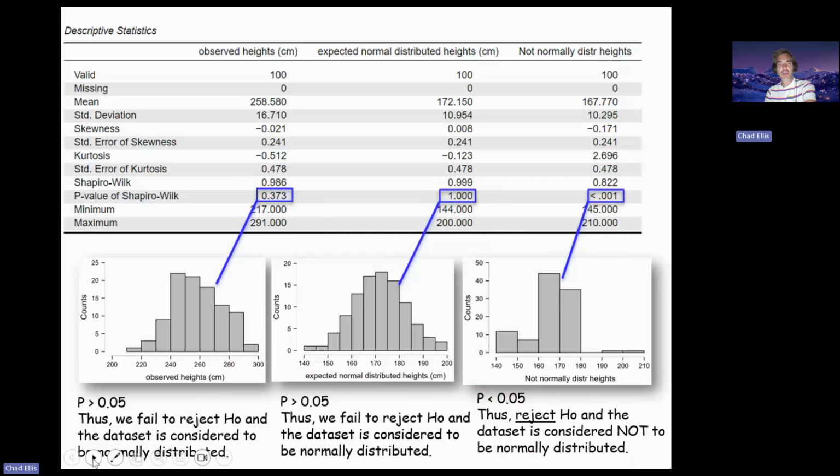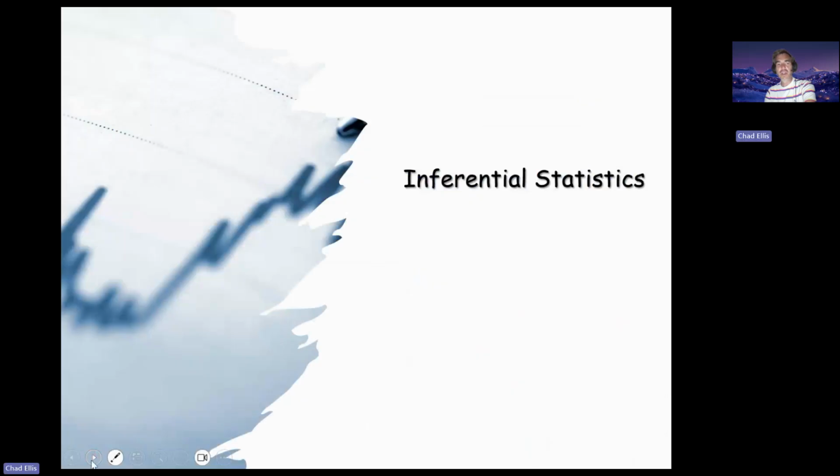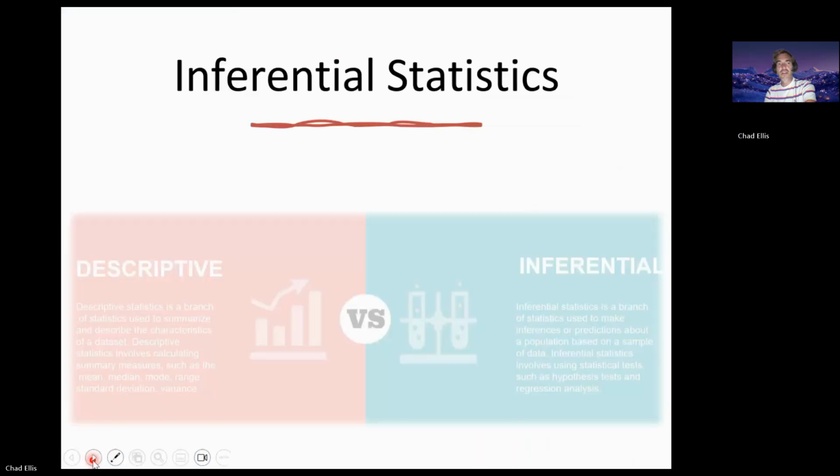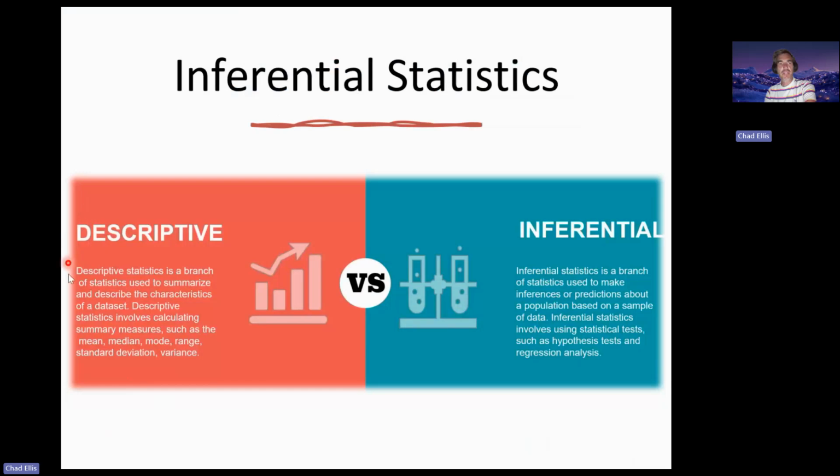Okay, so the second part of this video is going to deal with inferential statistics. So far in the class, we've been dealing with descriptive stats: mean, mode, median, things like that, standard deviation, coefficient of variation, basically describing the central tendency and the amount of spread of our data set.